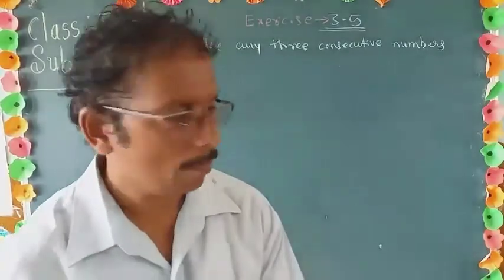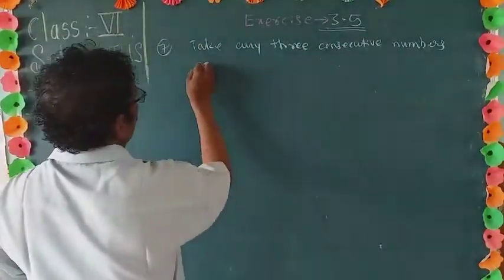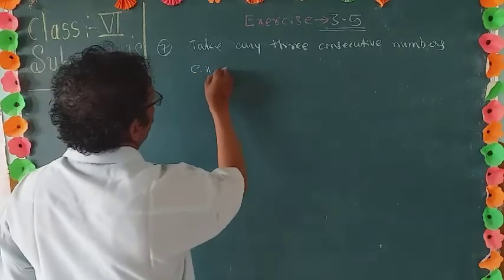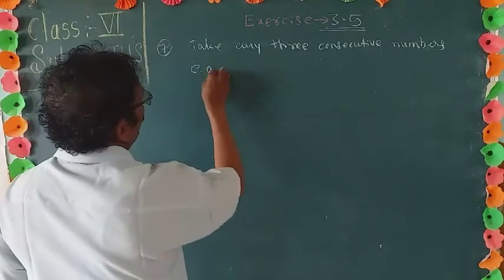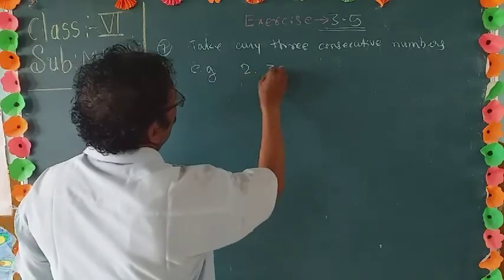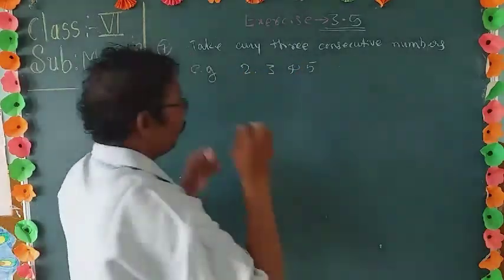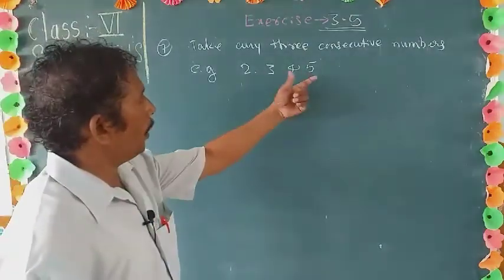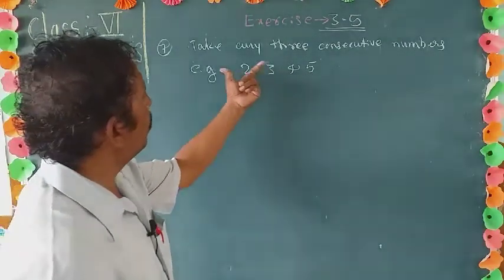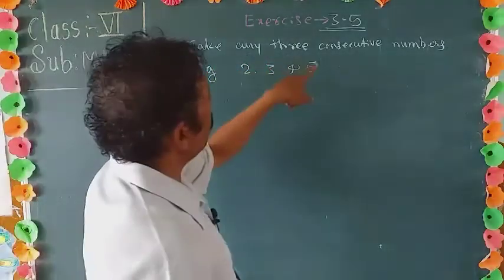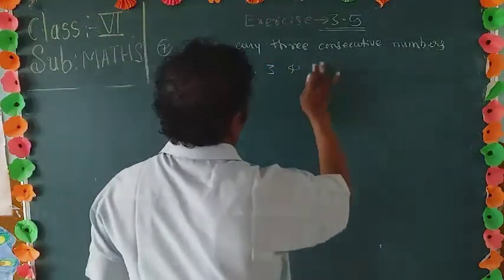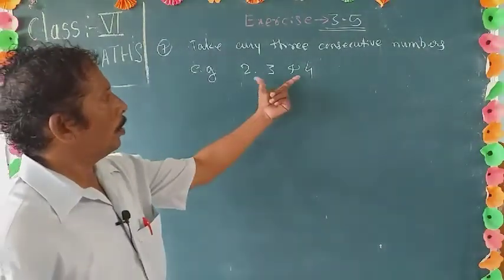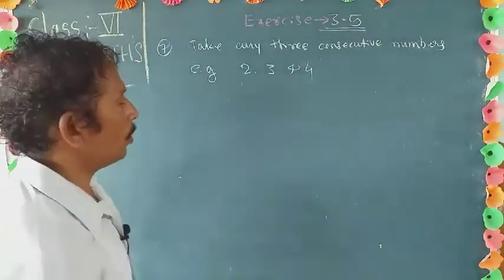Take for example 2, 3 and 4. These are the three consecutive numbers.